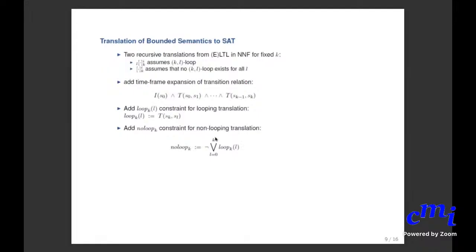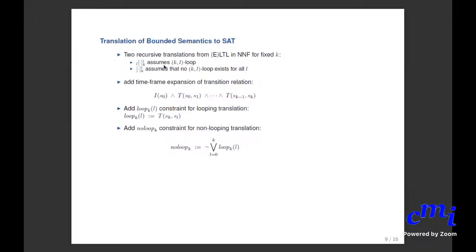So given this semantics, the question is, how can you come up with a general schema to translate the existence of a satisfying infinite path for an LTL formula, expressed in NNF form, by looking at only the k-long prefix of that infinite path.